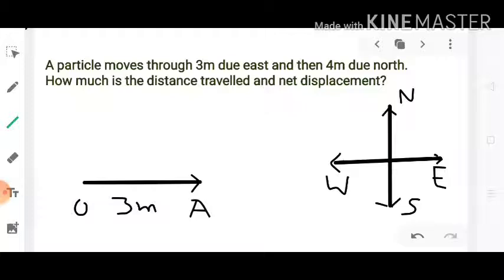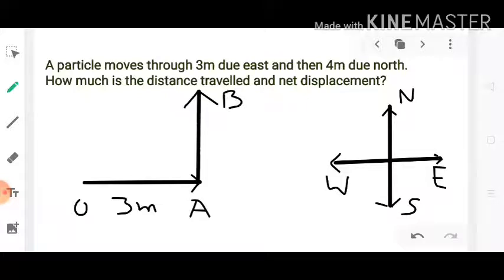Next, the particle moves 4 meter due north. So let this be 4 meter. So this is 4 meter towards north.